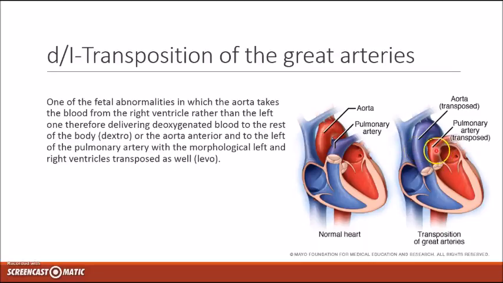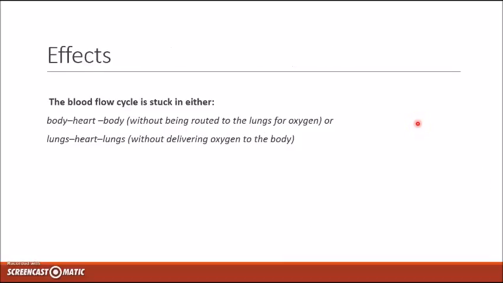And on the other side, we have the oxygenated blood going just from the lung to the heart and back to the lung again. So these are the two cycles that happen between the heart and the lungs in such a disease. That's why it is fatal.